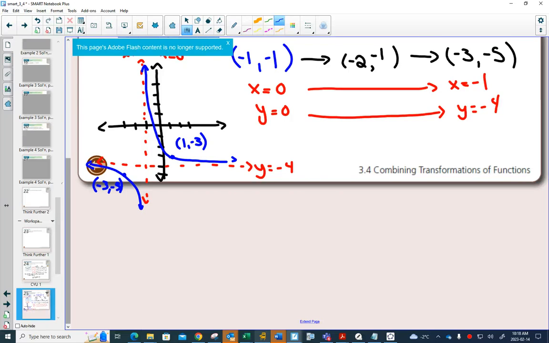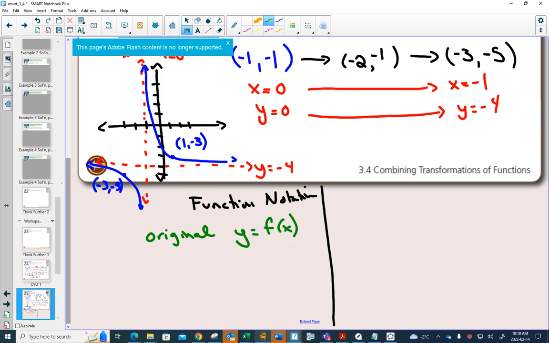One of the things that I want you to see in this question is this question was done all in function notation, right? The original they just told us was some function y equals f of x, and then our image was y equals f of 1/2 x plus 1 minus 4.